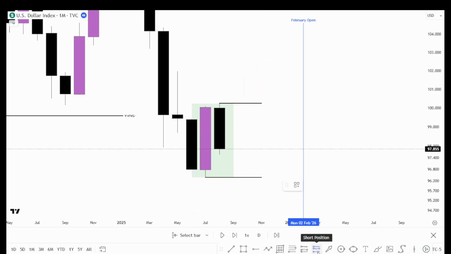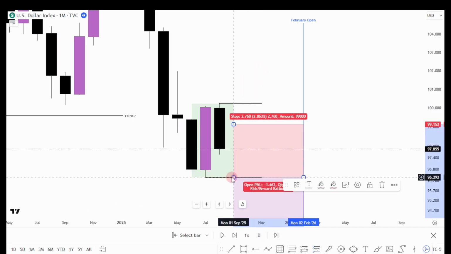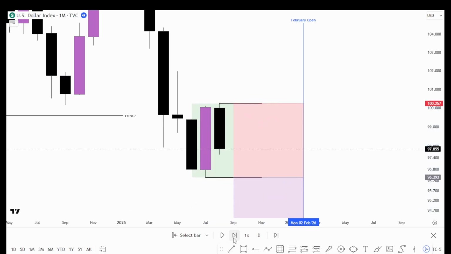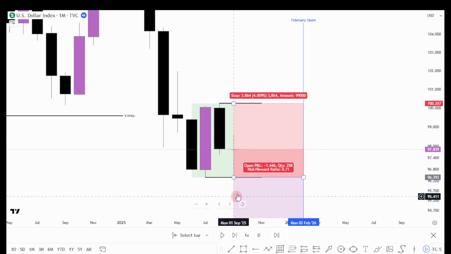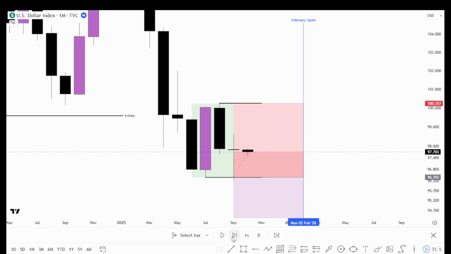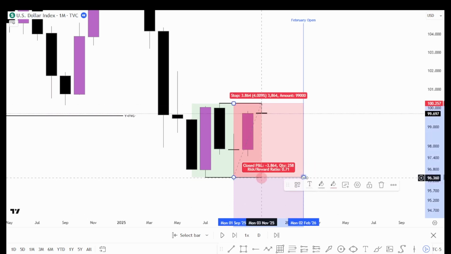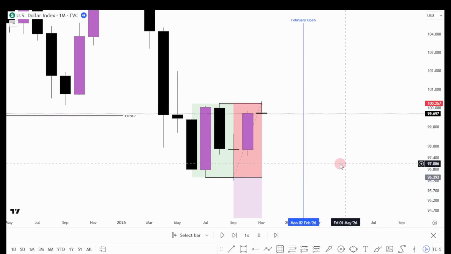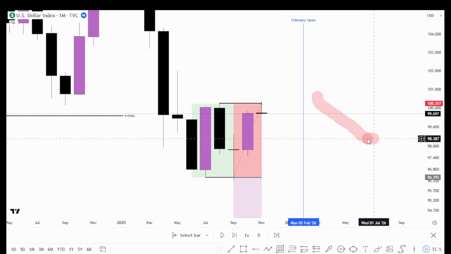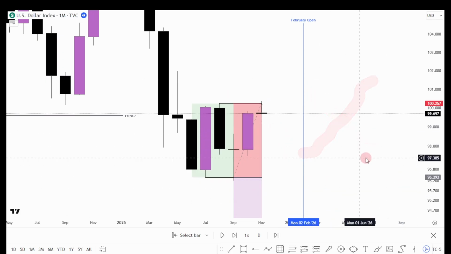Price taps below the swing low, fills these sell orders, and returns back into the range. And now they're trapped. And of course, their stop losses would be placed maximum above the swing high and targeting whatever. And eventually, the market will take their money from their failed sell entry. And we say that price collected that sell-side liquidity.